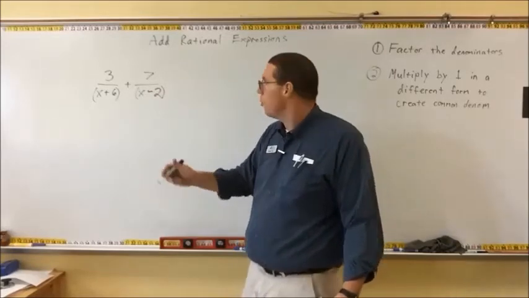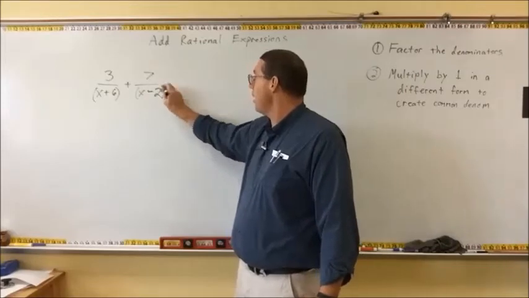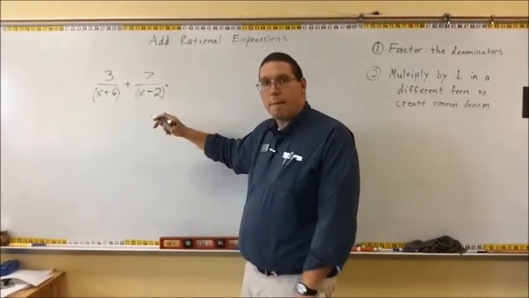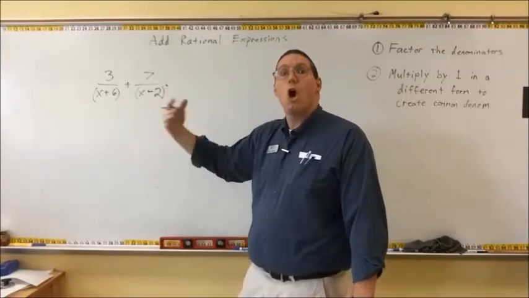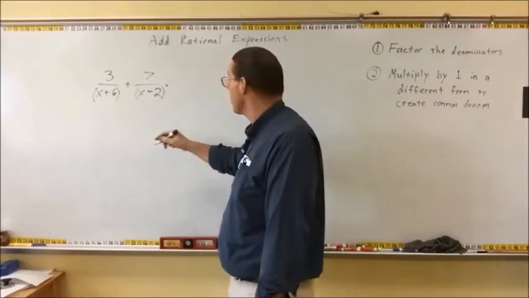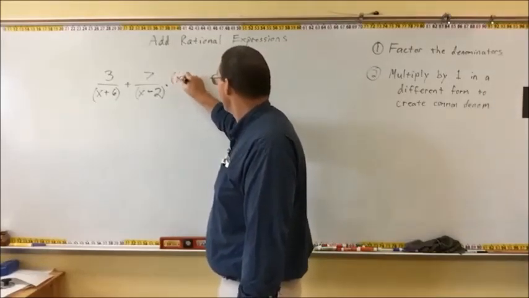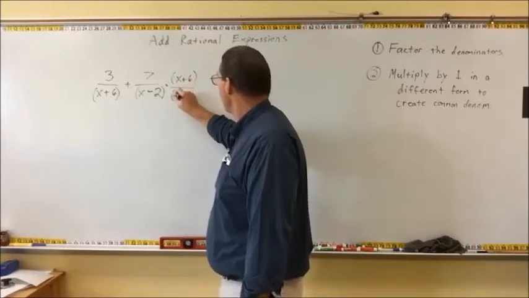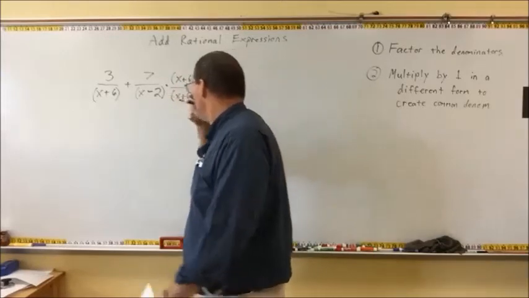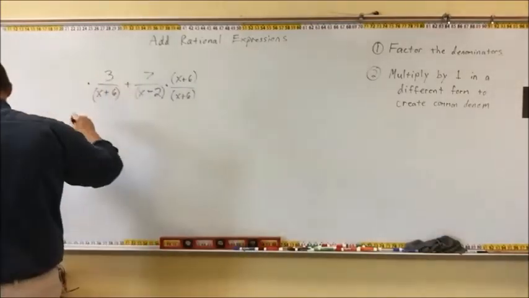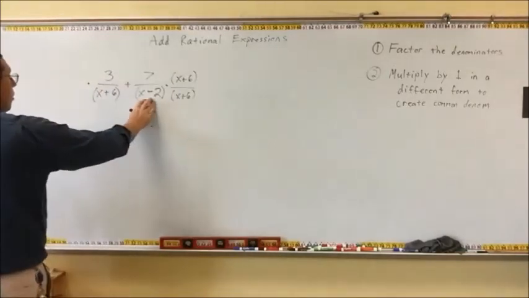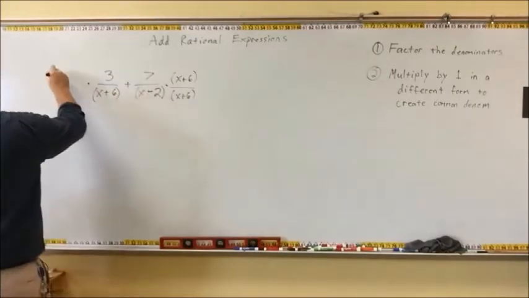So what we're going to do is we're going to multiply on this side by x plus 6 over x plus 6. So watch this. X plus 6 over x plus 6. And on this side, we're going to multiply by x minus 2 over x minus 2.